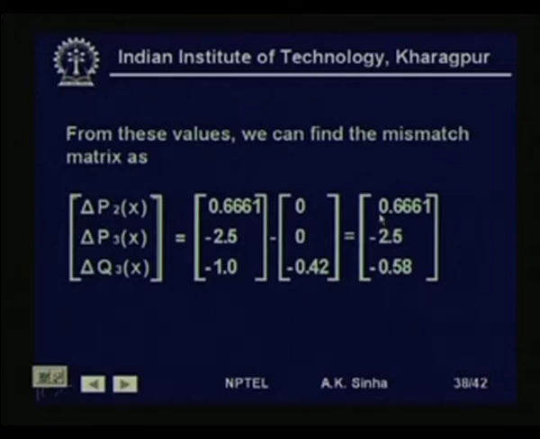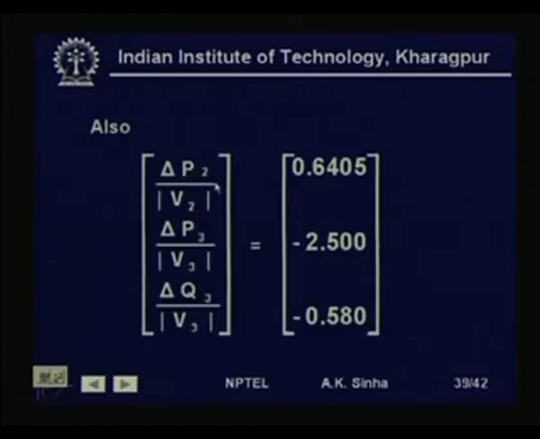So, this will give you delta P2 is equal to 0.6661, delta P3 is minus 2.5, delta Q3 is minus 0.58.